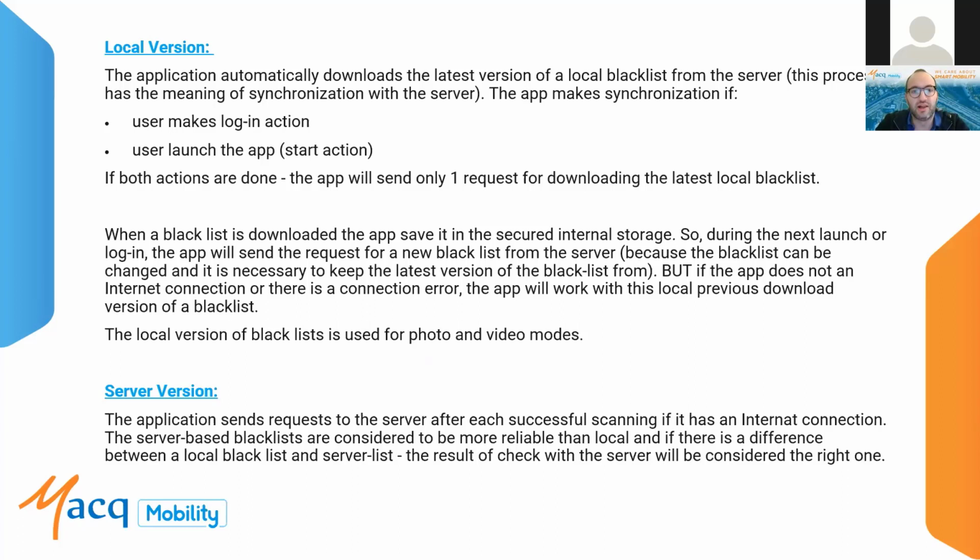So that's why we can store an embedded blacklist. Of course, it will not be a big blacklist, but we can store a blacklist with quite a lot of data. And in parallel, we also have the server version of the blacklist from the server.